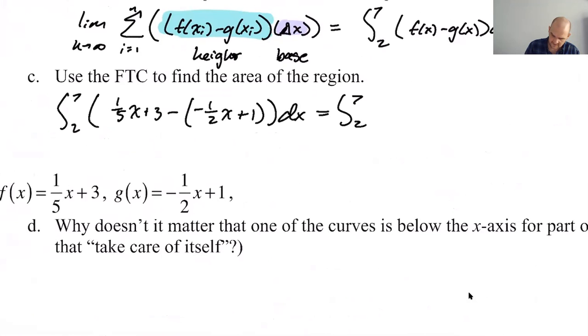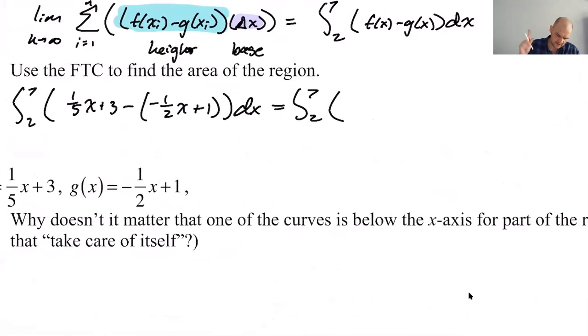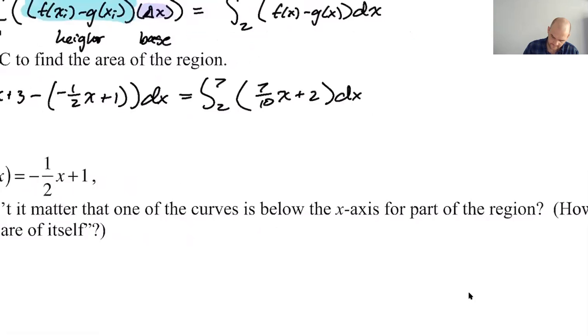Just going to combine these. 1/5 plus 1/2 x. So 1/5, 2/10 plus 5/10 is 7/10. 7/10 x. Oh, I'm not integrating yet. And then 3 minus 1 is 2 dx.